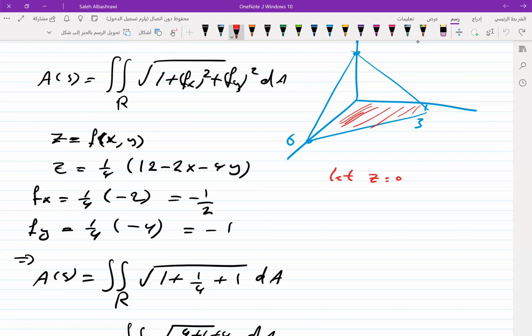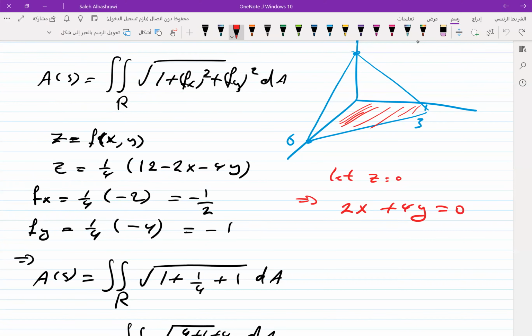If we remove the variable z, I will have x and y only. So if we let z equal to 0, we will get 2x plus 4y equal to 12.